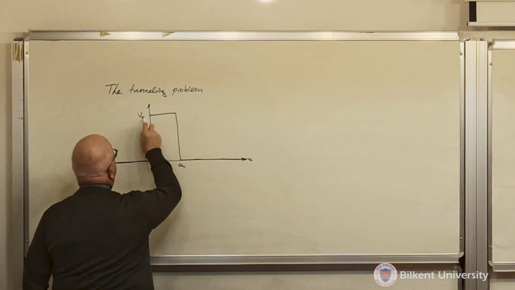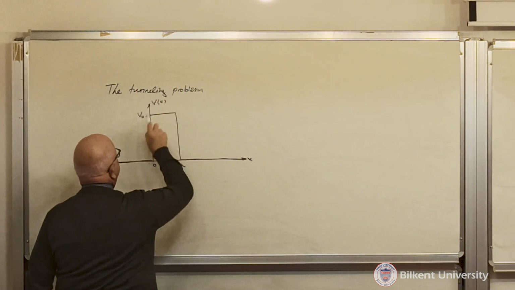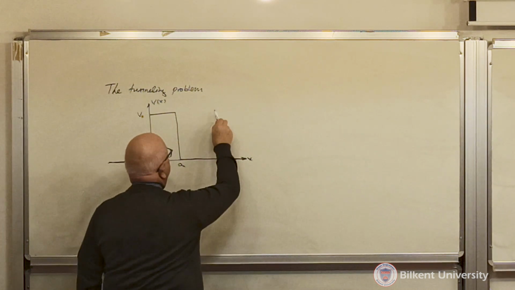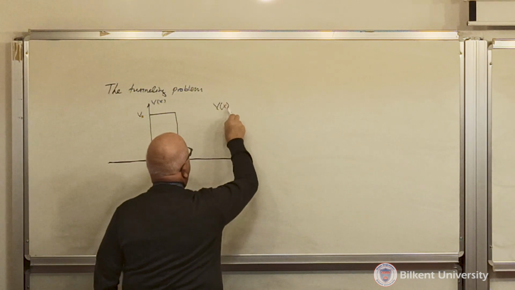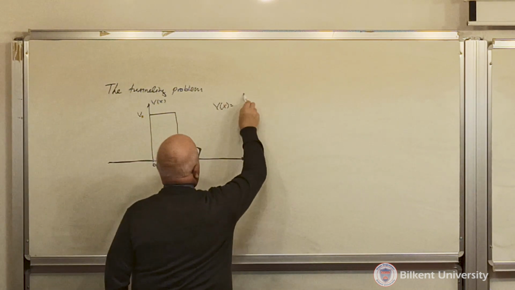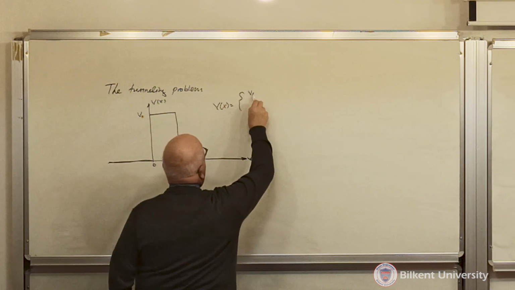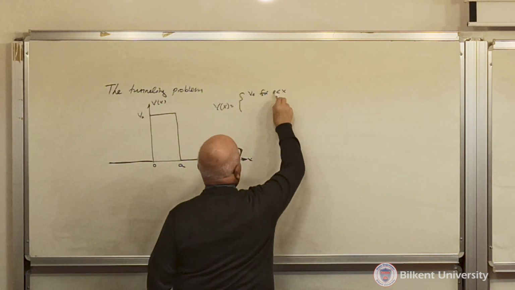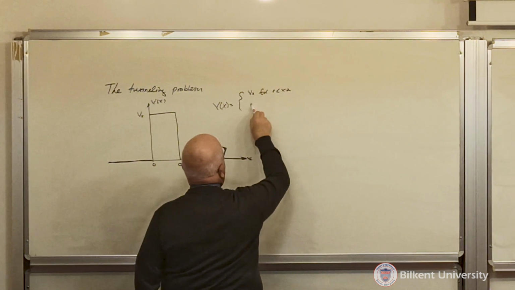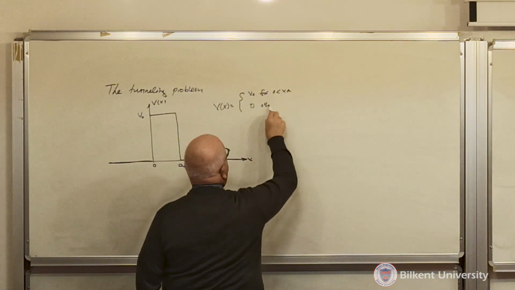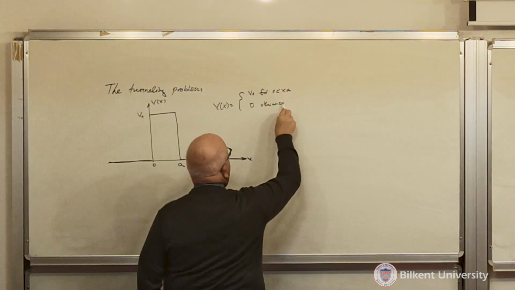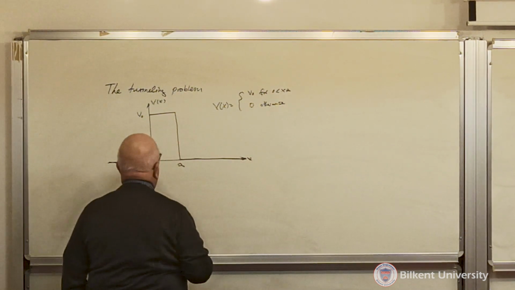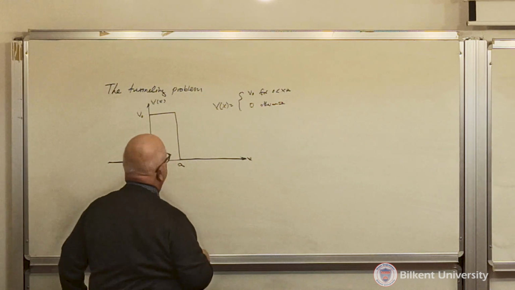It has value v0 here, so this is our v of x, right? So if you like, v of x is equal to v0 for x between 0 and a, and 0 otherwise.